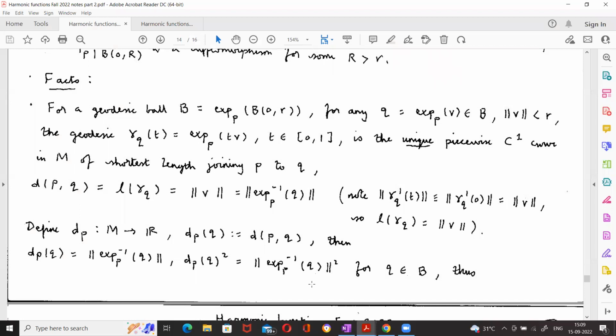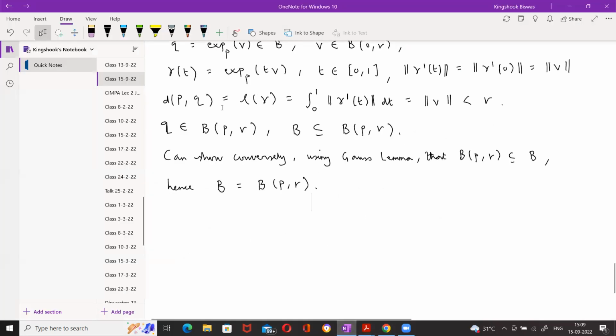And so then we can look at the distance function. As we saw, the distance between P and Q is the length of this geodesic gamma_Q, which was equal to the norm of V. We just computed that here. Now, what is V?